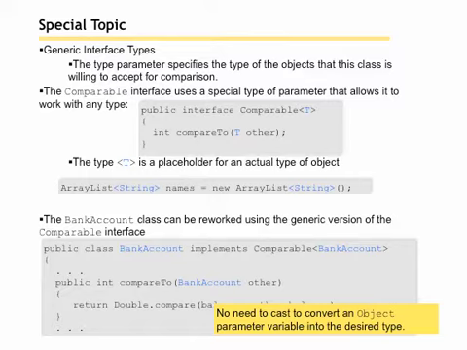Just like with ArrayList, we have ArrayList and then String in angle brackets, that's our type. We would put our type in for T. So the BankAccount class can be reworked to use the generic version of the Comparable interface: public class BankAccount implements Comparable<BankAccount>. It makes it a little bit easier because we don't need to do that cast with type Object.